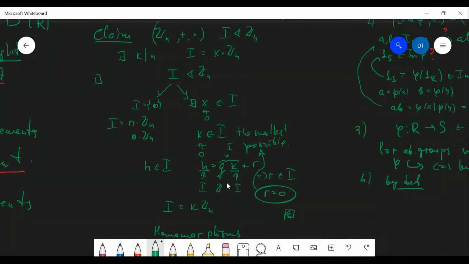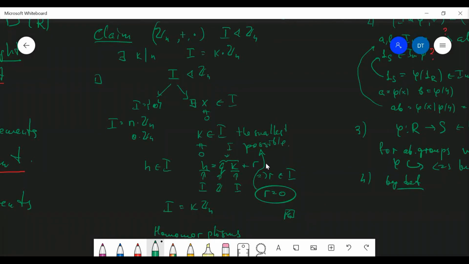By the definition of the ideal, if I multiply an element from an ideal by any element of the ring, the product stays inside the ideal. So QK is also inside I. And then R is a difference between H and QK. And since I is an abelian group because it's an ideal, then the difference is also inside the I. So that's why the remainder is inside the I.